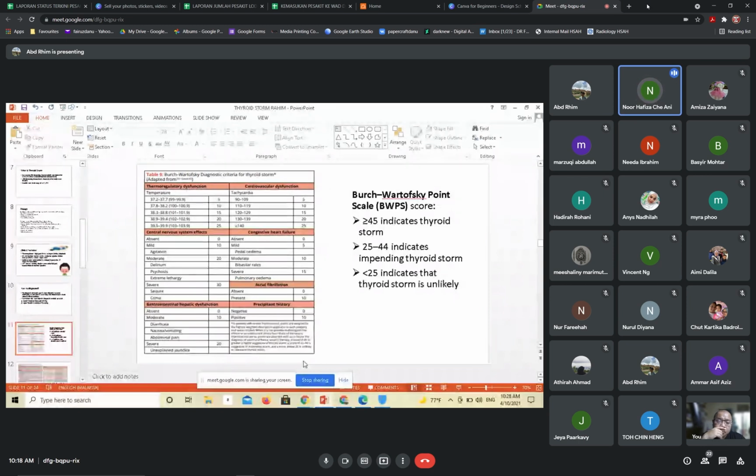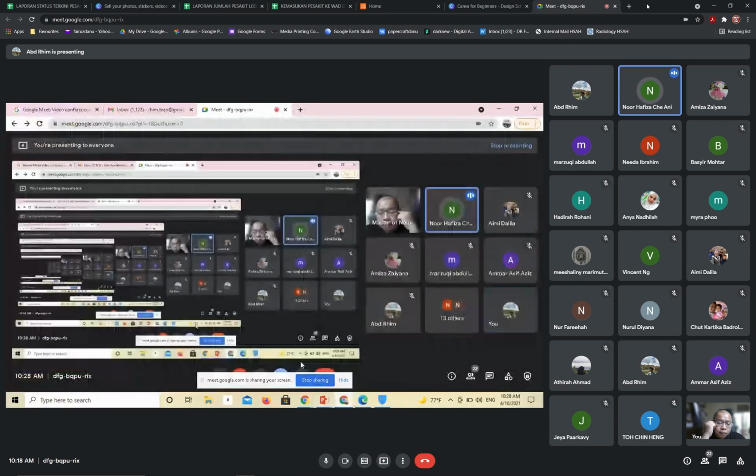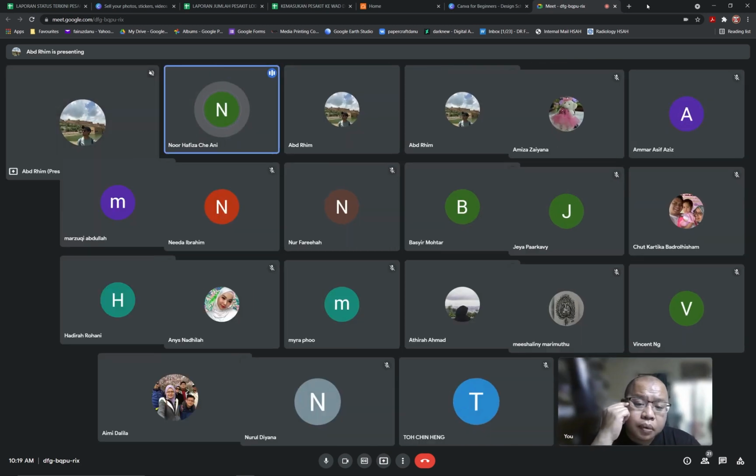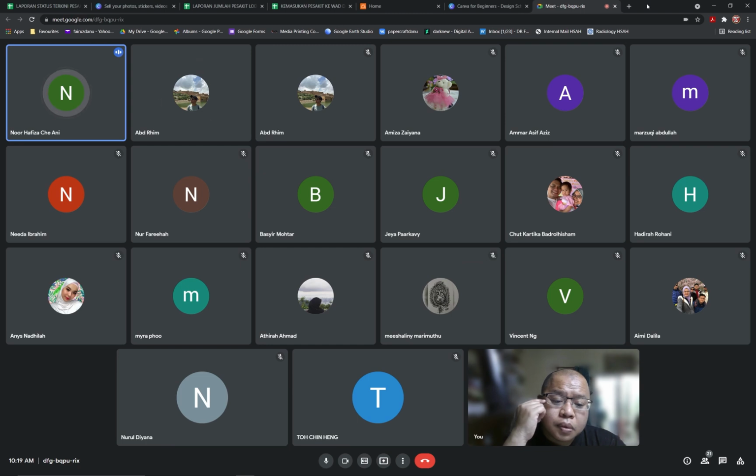So bear in mind, especially in elderly patients or those with a known history of untreated thyroid disease or who have defaulted. The most common thyroid storm happens in non-compliant patients. And bear in mind that even if non-compliant, there must be a precipitating event, like in this patient. Okay, can you hear? Yes.